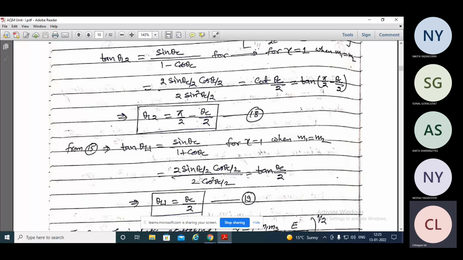So that's why here 2 cos square theta C by 2, or we can represent 2 tan theta C by 2. So now you have only one term, theta L1 equal to theta C by 2. So we can replace this value from equation number 19 to 18.